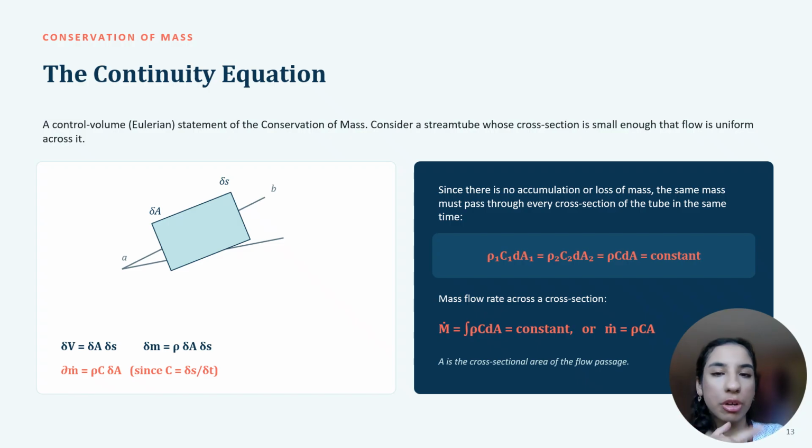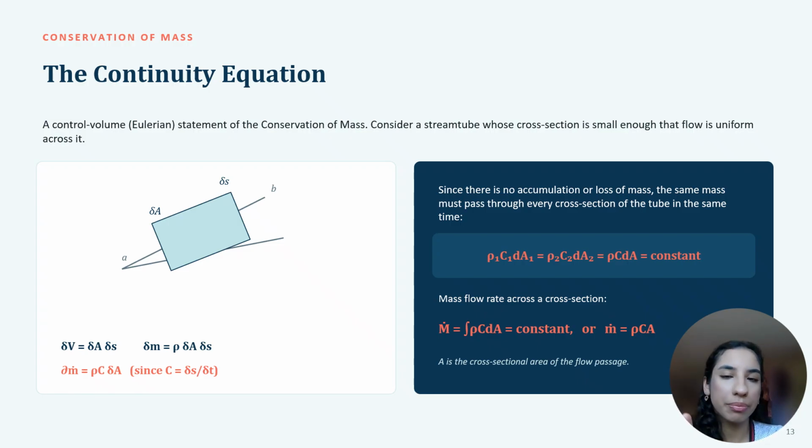Remember the law of conservation: energy cannot be made or destroyed. Same thing with mass. If a fluid is going through a control volume, when it enters and when it gets out, the mass should be the same, unless it's stuck somewhere in the control volume. So to make sure of all that, we have this equation.